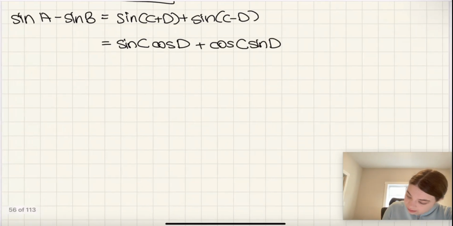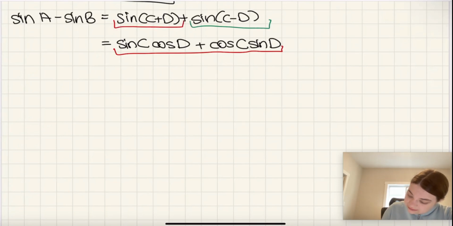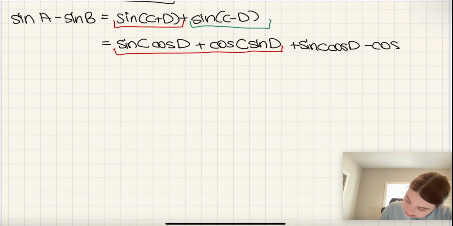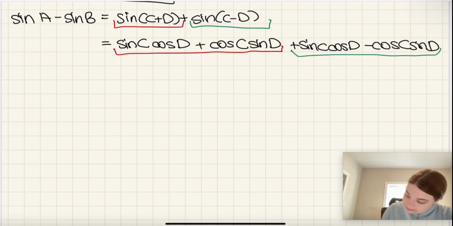So this one here, I want to be clear, is the identity replacing sine of (C plus D). Okay, and now let's figure out this one here, this is the difference formula. So this is going to be sine C cos D minus cos C sine D, right? So this relates to this one.